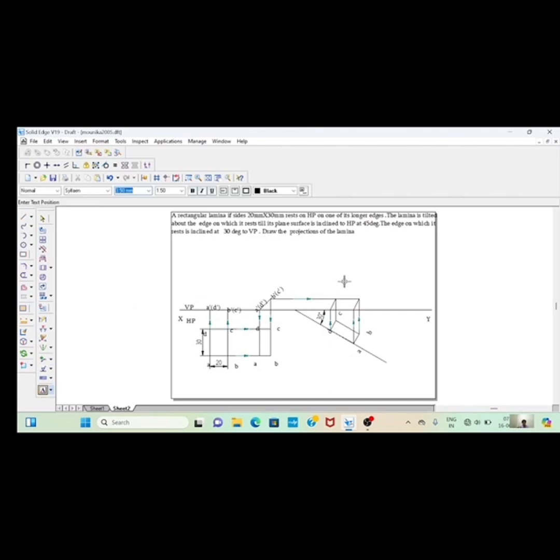Now go to text box and mark the points as A dash, which is the top view, B dash, C dash, and D dash.